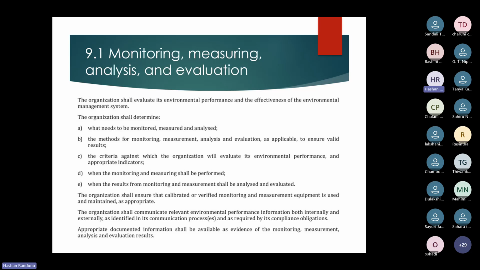So you can set an indicator for energy as kilowatt hours per hectoliter to manufacture beer, which means the amount of electricity units you use to manufacture 100 liters of beer. You can set a target for that even. If the target is achieved, then you can say that our environmental performance is at the level we expected. If it is not achieved, then you need to take corrective actions.